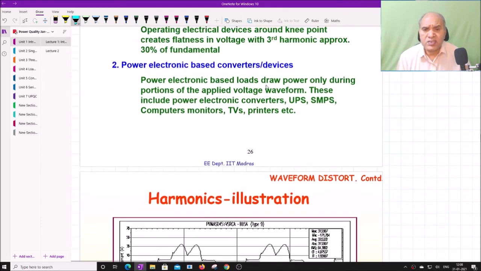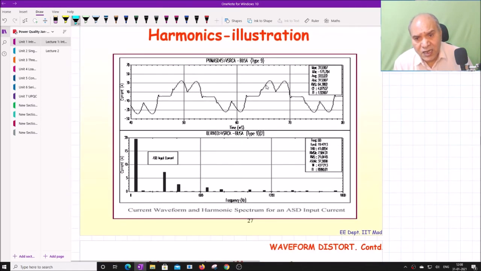Nowadays, in our office and in our home, we almost use electronic power converters inside them. This is an example of the ASD, called adjustable speed drive, which uses a power electronic converter to control the speed of the drive.